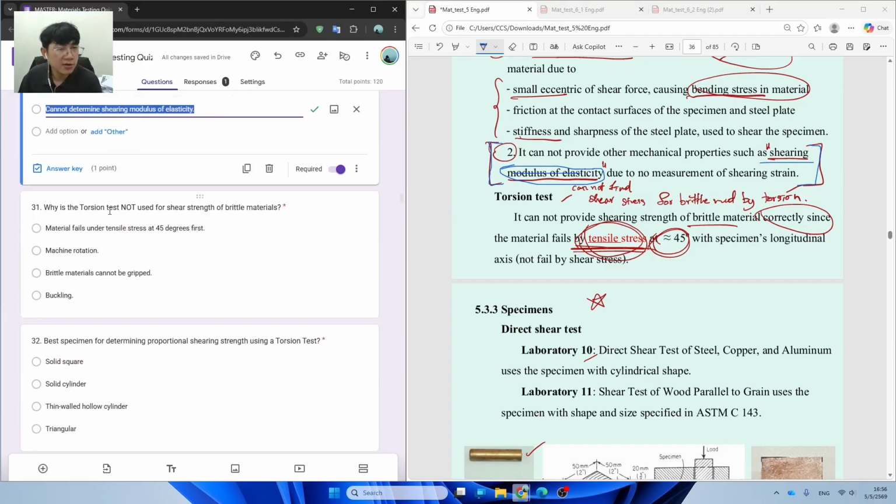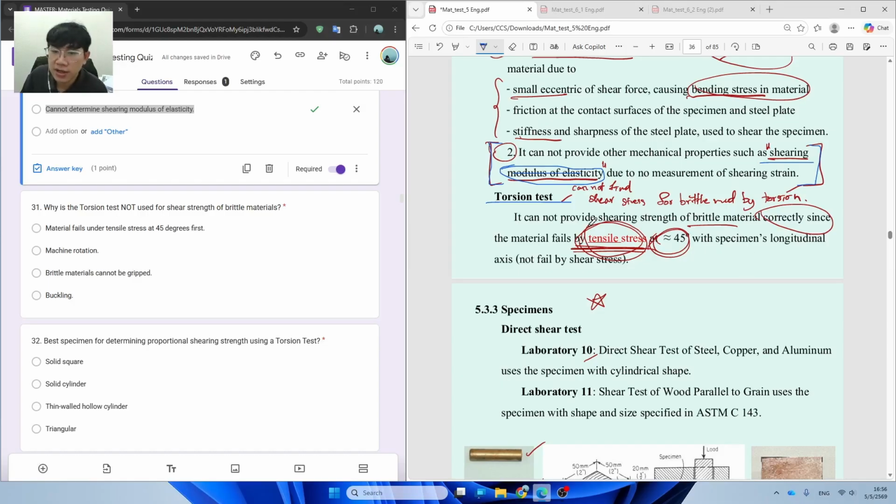Then why is the torsional test not used for the shear strength of a brittle material? It is because shear strength cannot be measured directly from the torsional test.